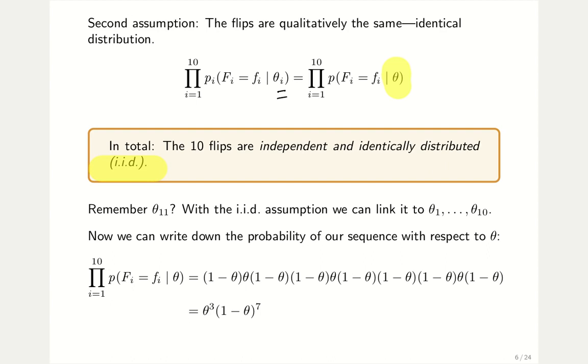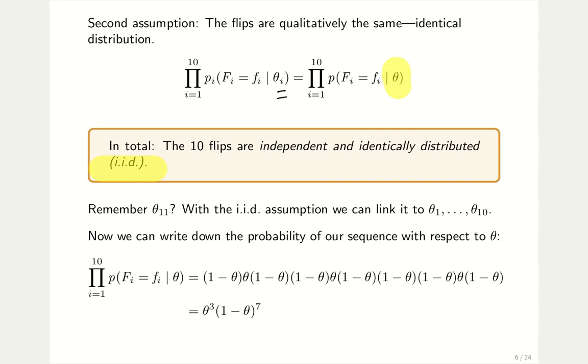Okay? And as I said, this is the link between the first 10 flips and the 11th flip, and in particular the parameters. And now we can actually explicitly write down the likelihood that we're trying to optimize. Remember that theta was defined as the probability of the flip showing up tails.